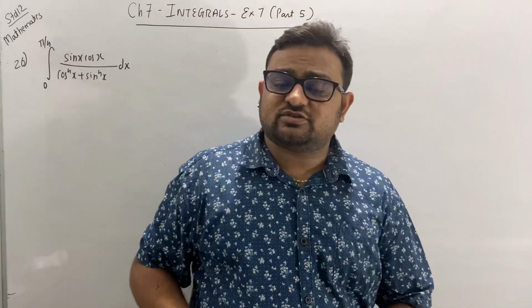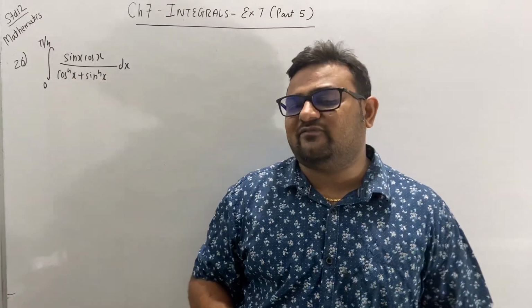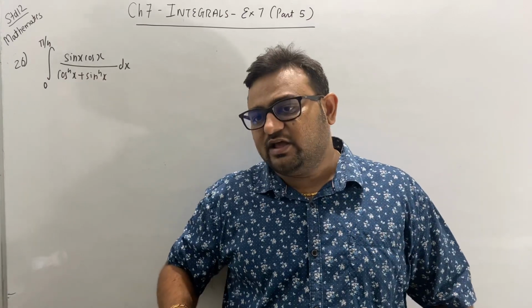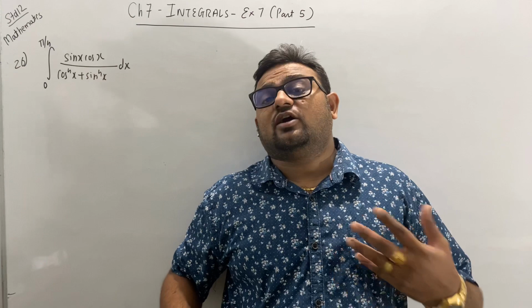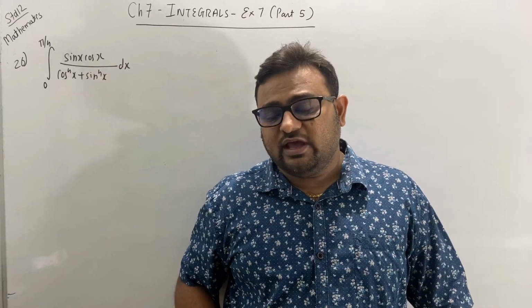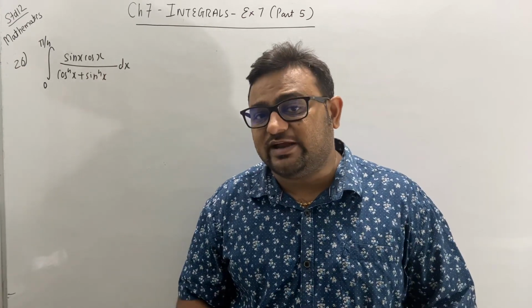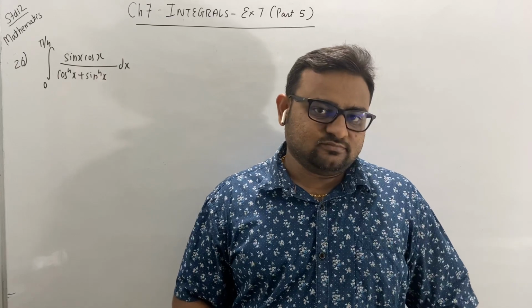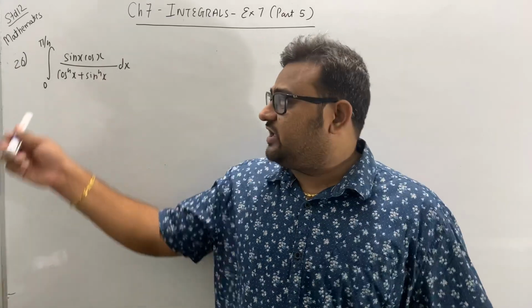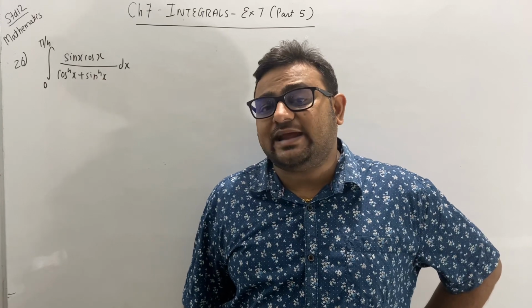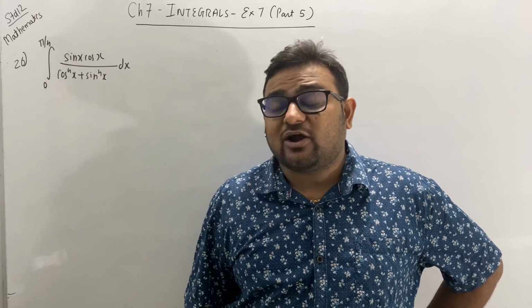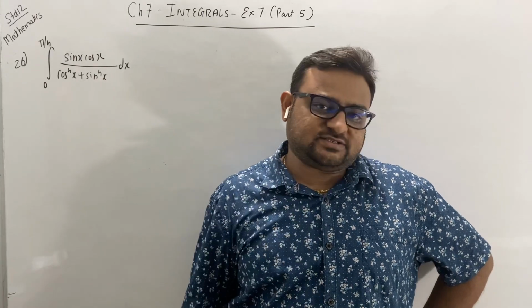See, in this type of sum in which the denominator consists of cos raised to 4, sin raised to 4, or cos square, we will try to convert it into tan square or tan raised to 4. Here we will try to convert it to tan raised to 4. So what I have to do, I will divide it by cos raised to 4x.